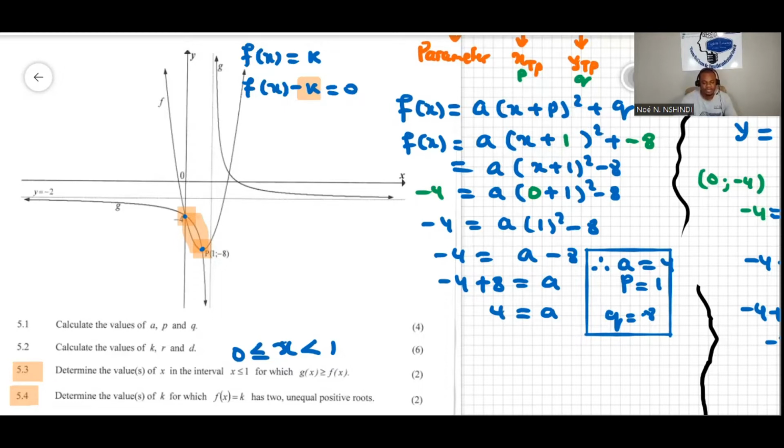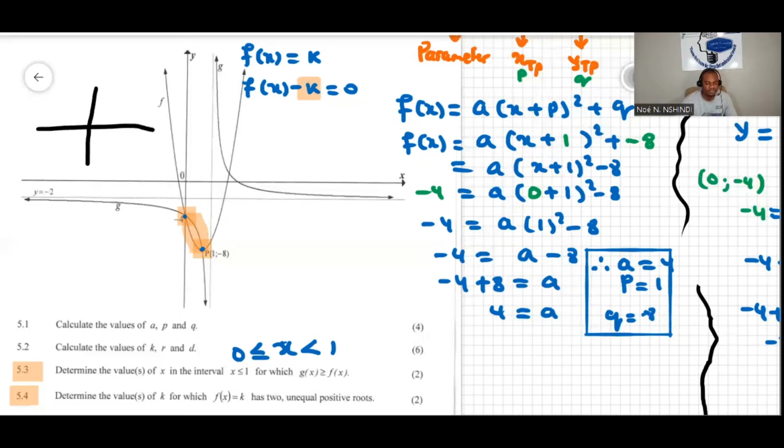Now, we can see that this parabola can be shifted down, and it's also possible for it to be shifted up. Let me draw an illustration here so we can all see what I mean.